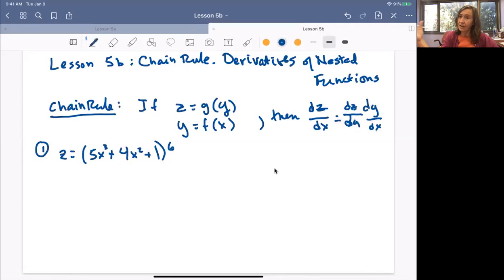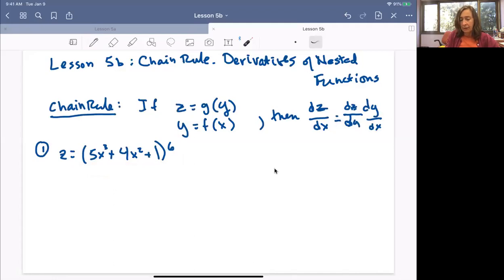I can avoid it if I recognize that we have nested functions here. We have a function, and then we have that function raised to the power 6. The way I learned it, and a good slogan that goes with the chain rule, is that we have an inside function, which is 5x^3 + 4x^2 + 1, and an outside function.